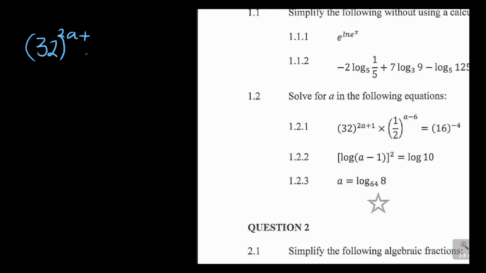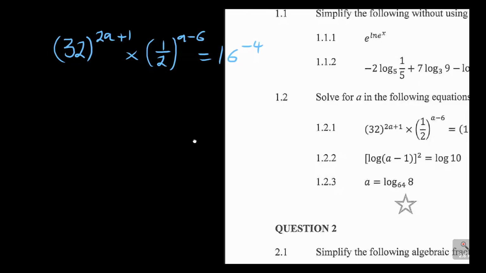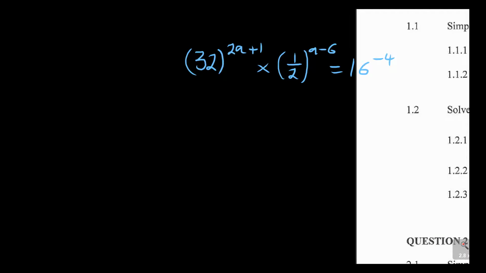Actually, it's 2a, not just a. I've got 2a plus 1, see this, times 1/2, and then it's a minus 6 is equal to 16 to the power -4. 4 marks, guys. I need to solve for a.